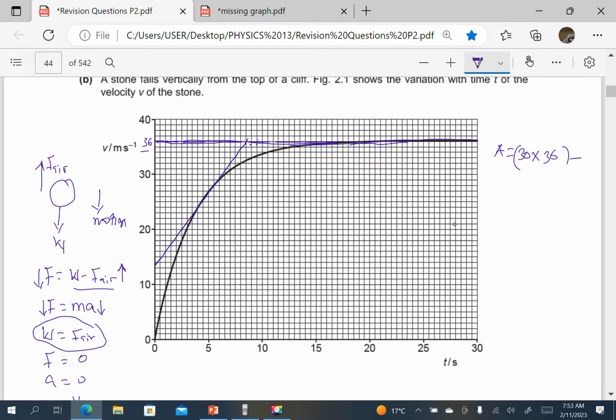Then from this one, I am going to subtract the triangle, which I have drawn here. So I'm going to say minus. For the triangle, it is a half times the base. I will say the base is going to be this one.